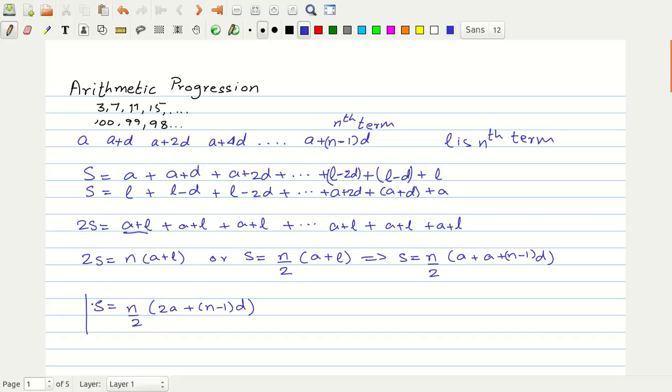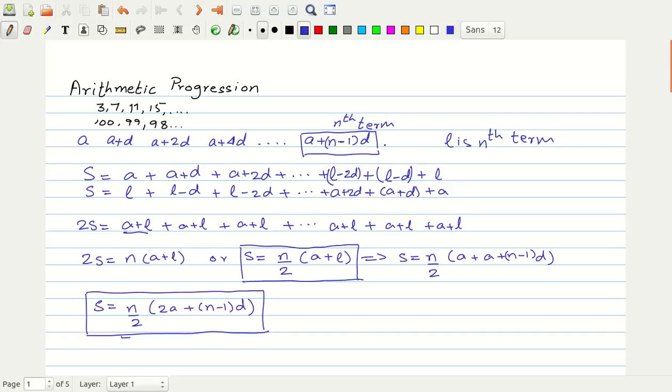So you can use either of these formulas for the sum, and you have to use the earlier formula for finding the nth term.